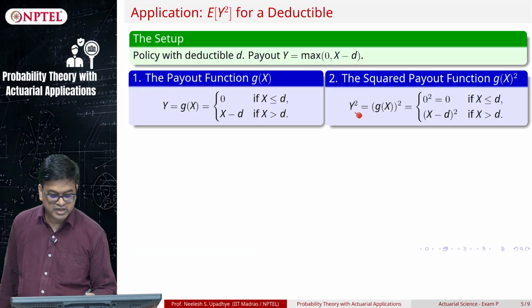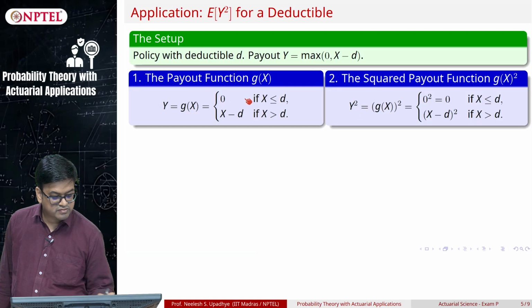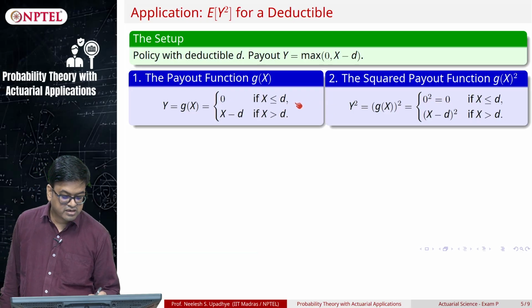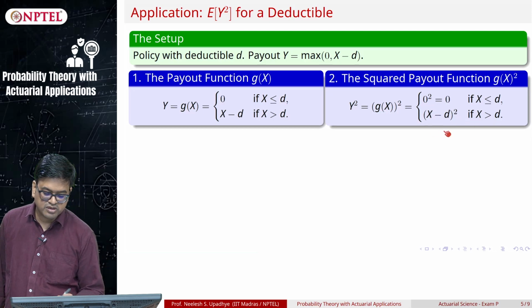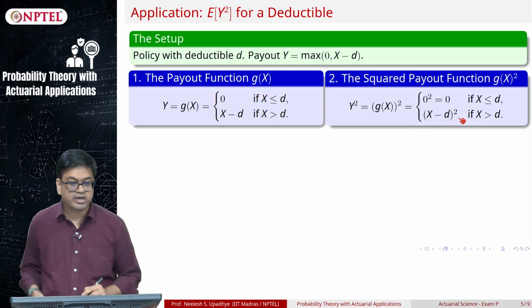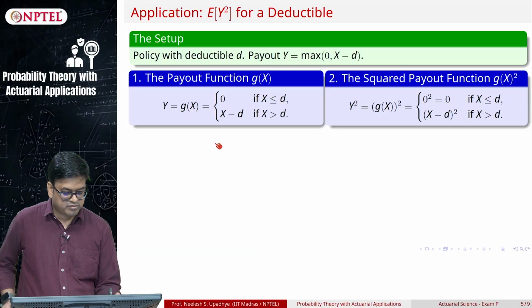For that you define the random variable Y squared. Wherever it is 0, it will be 0 there. The kink will be at D, and after that it will go at a quadratic rate, X minus D squared. So how will you handle this particular random variable?